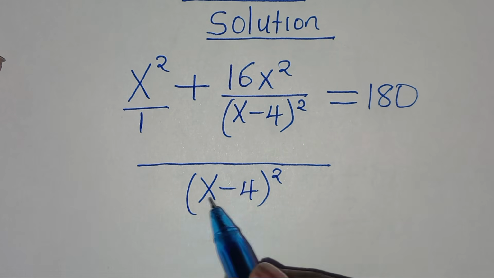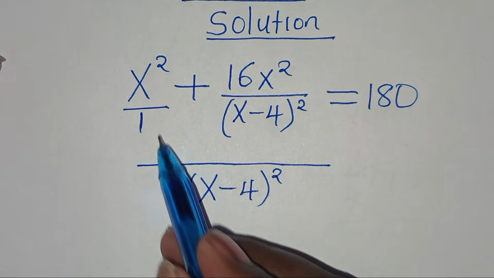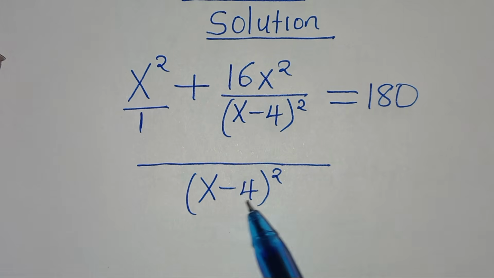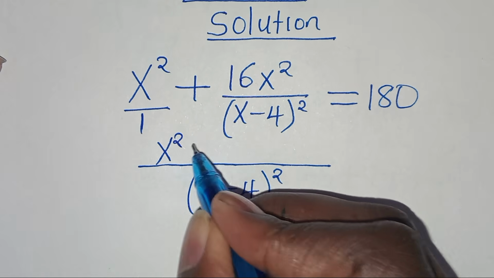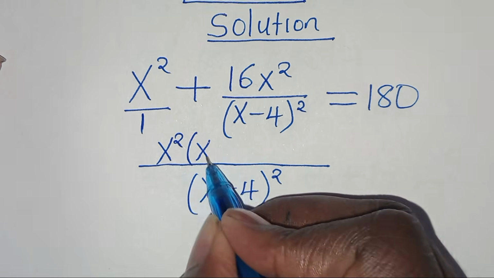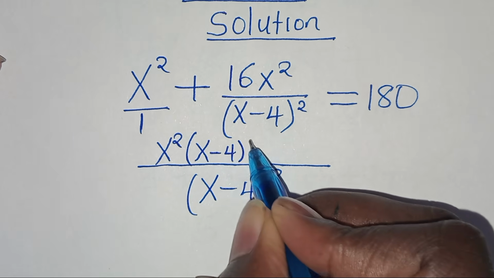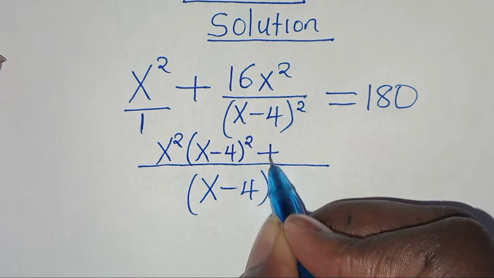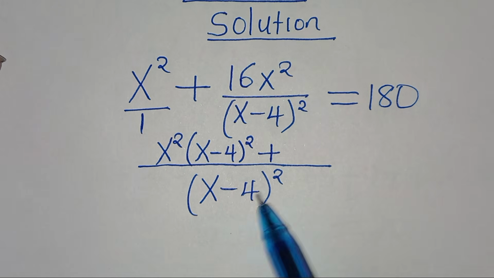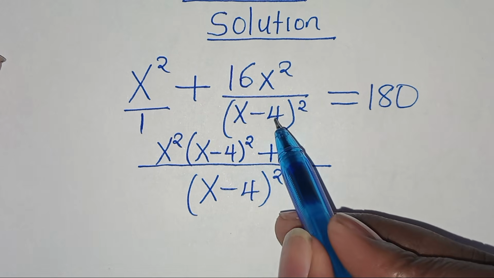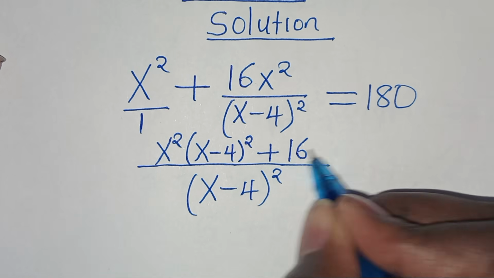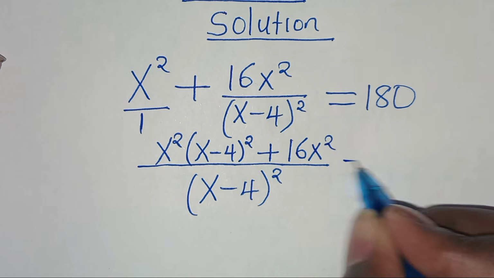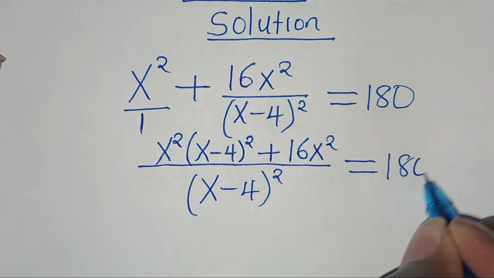Now, (x minus 4) to the power of 2 divided by 1 is (x minus 4) to the power of 2, then multiplied by x to the power of 2 in the parentheses. Then plus, (x minus 4) to the power of 2 divided by (x minus 4) to the power of 2 simplifies, so plus 16x squared. This is equal to 180.